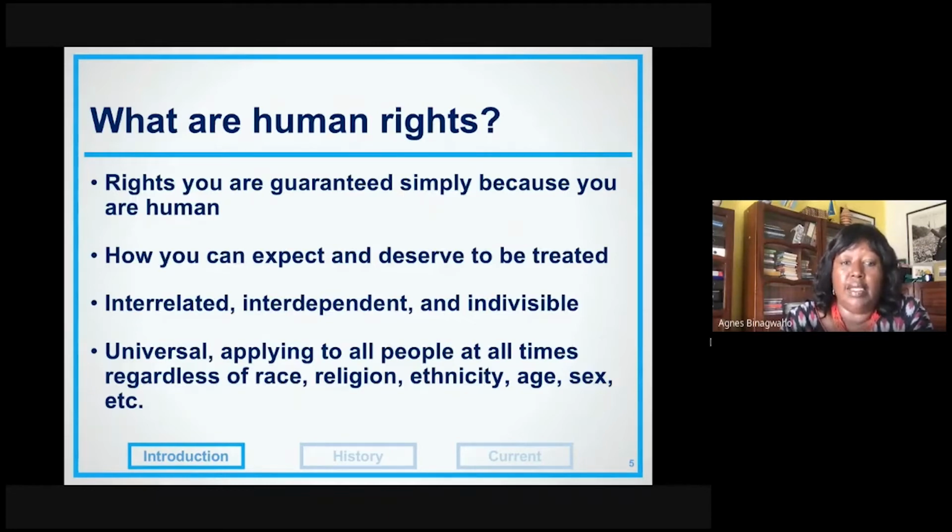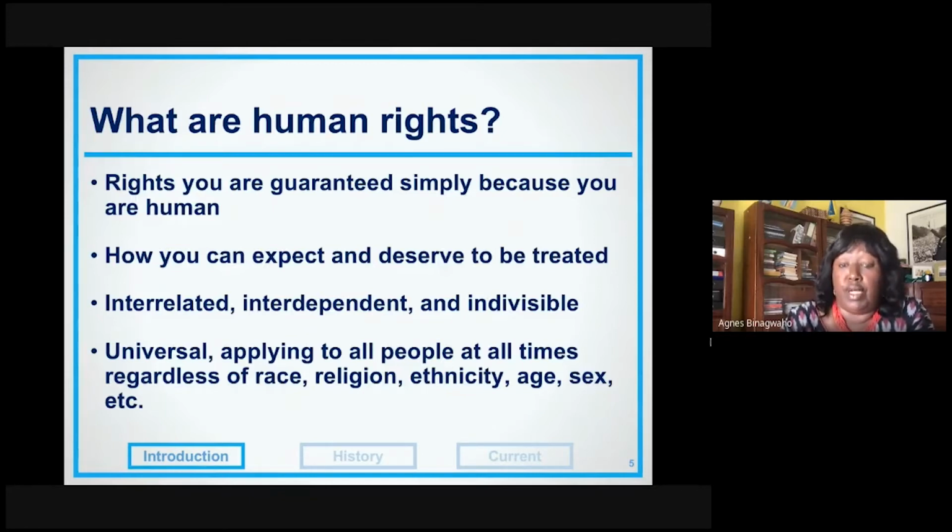This is why they are universal and independent of race, religion, ethnicity, nationality, age, sex, intelligence, disability, sexual orientation, gender identity, political belief, or any type of beliefs. And I can go on.